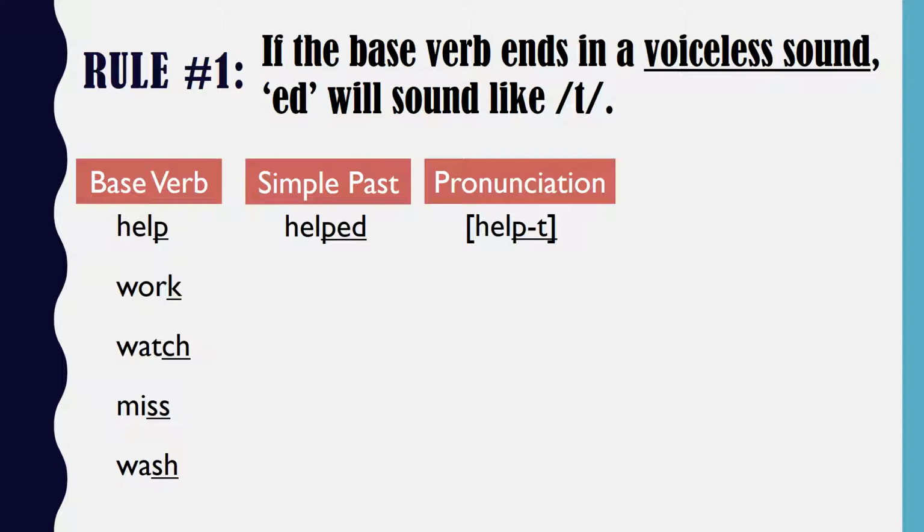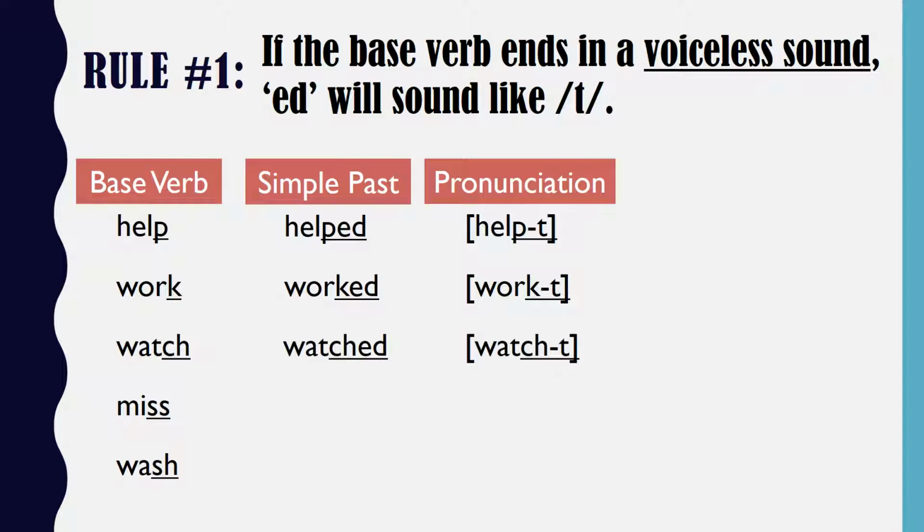Now let's look at work. We will add ed to make it past tense, and then the pronunciation is worked, worked, worked. You try. Next, we have watch. We add ed, and the pronunciation is watched, watched, watched.